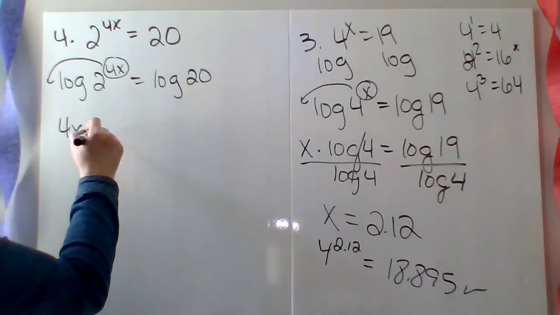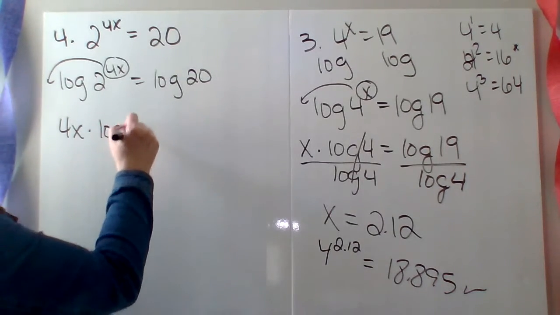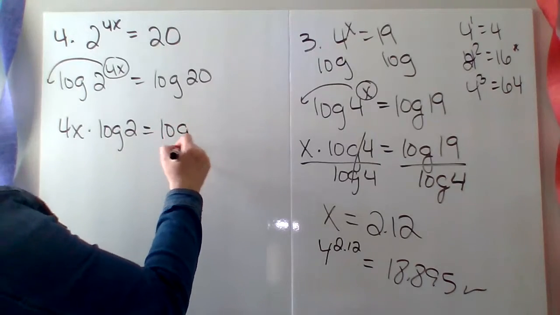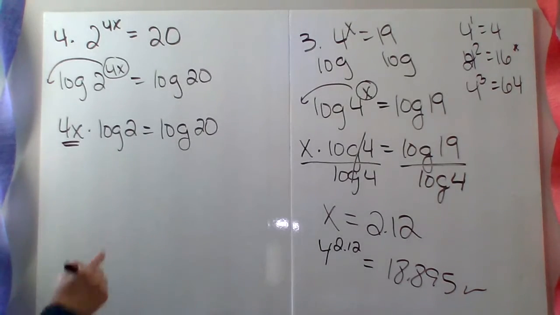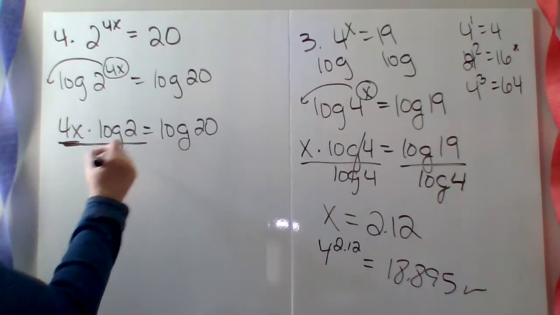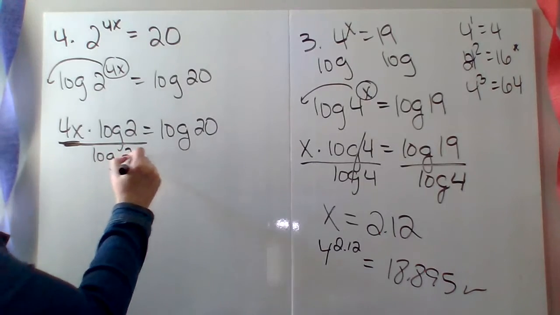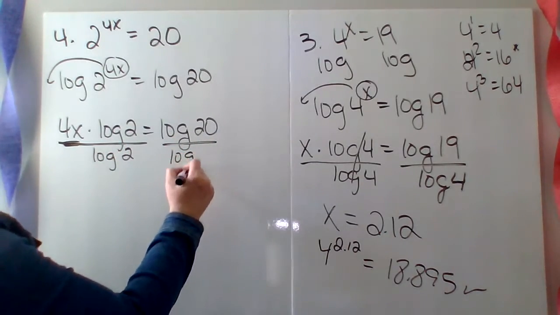So this is multiplication, 4x times log of 2 equals log of 20. So you want to solve for x, that's just multiplication, so I'm going to divide both sides by log 2.